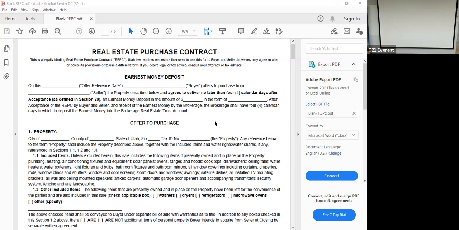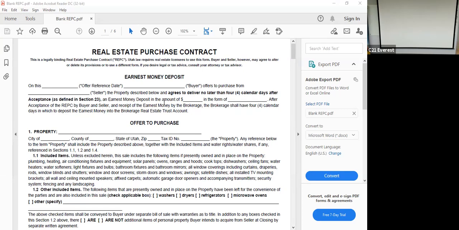This first paragraph also talks about timelines in addition to the earnest money. Many times people think there's only one timeline, because the first part says that the buyer agrees to deliver no later than 4 calendar days after acceptance this earnest money check.